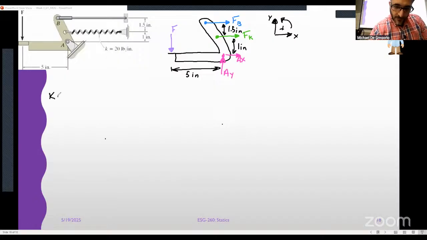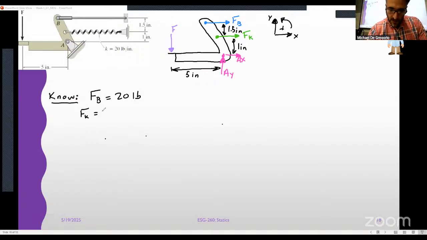What do we know? Well, first thing we know is that FB is equal to 20 pounds. We also know that FK should equal K. Well, we write it as KX, but really, in reality, it's K delta X, right? It's the change.